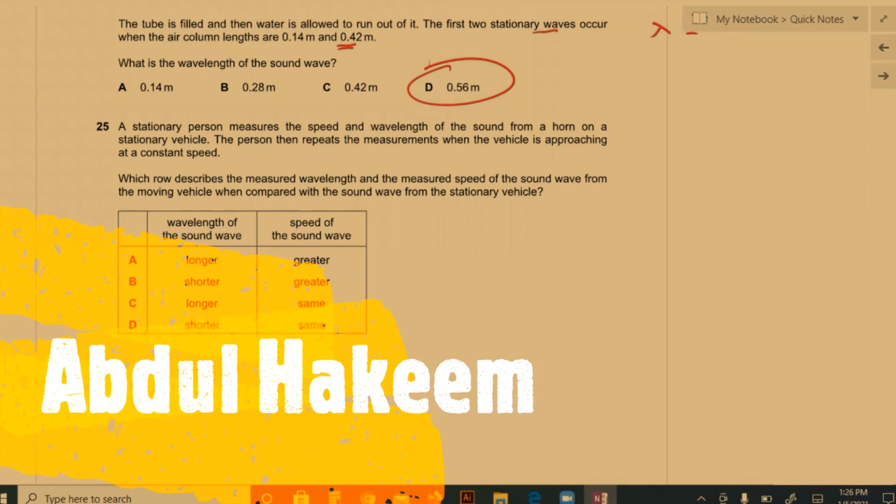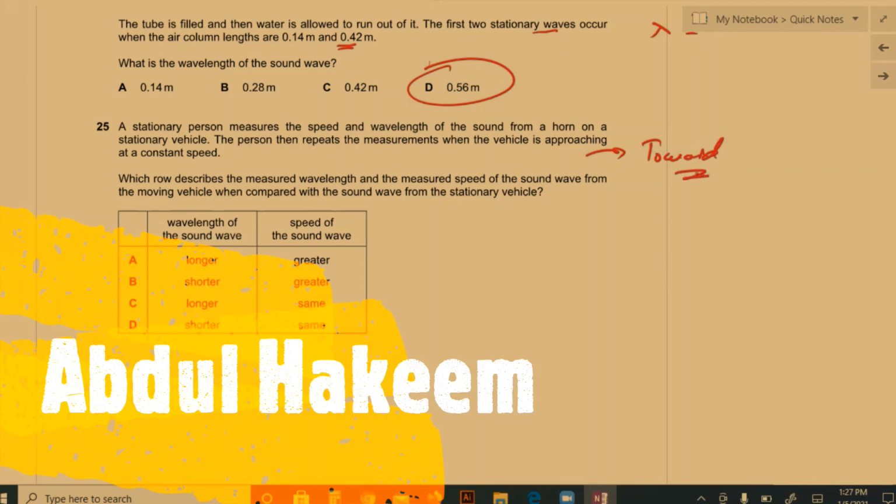Now move to the next. A stationary person measures the speed and wavelength of the sound from the horn on the stationary vehicle. The person then repeats the measurement when the vehicle is approaching at a constant speed, meaning it's moving towards the observer.